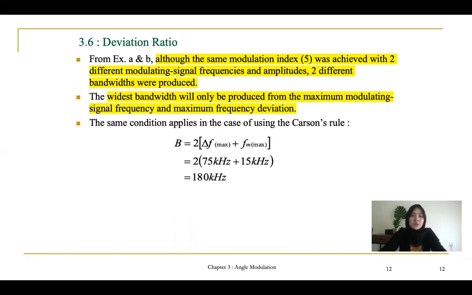The same condition also applies when using Carson's rule. For example, instead of using the Bessel table, you want to calculate the bandwidth using Carson's rule. This is the formula for Carson's rule. For the worst case scenario, you'll be using ΔF max and also Fm max, and you will get a bandwidth of 180 kilohertz.